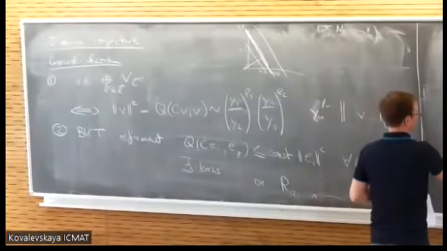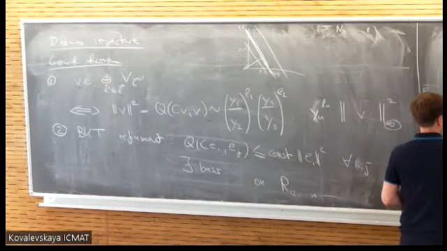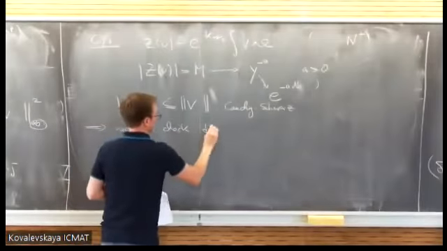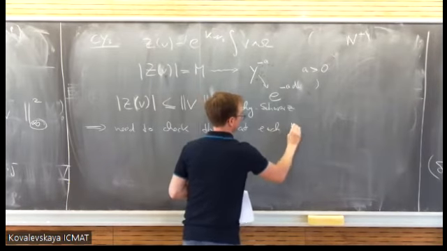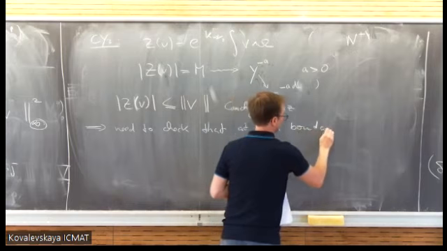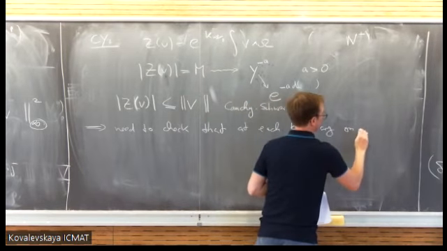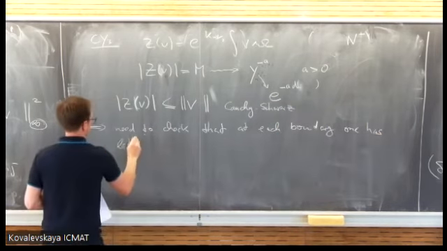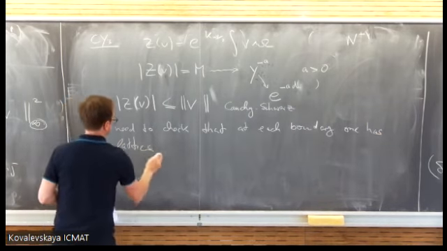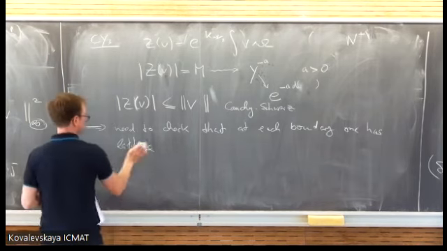And therefore, you just need to check that each boundary has a lattice or a vector space, a Q vector space.